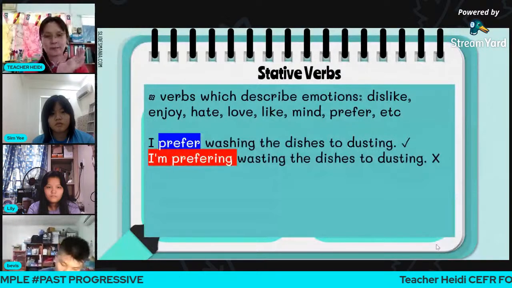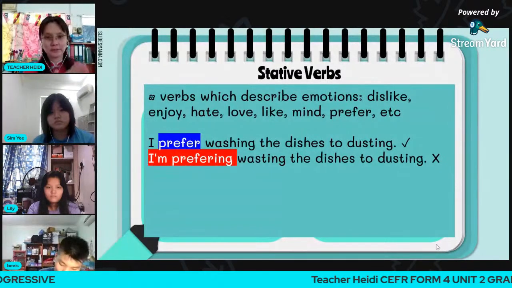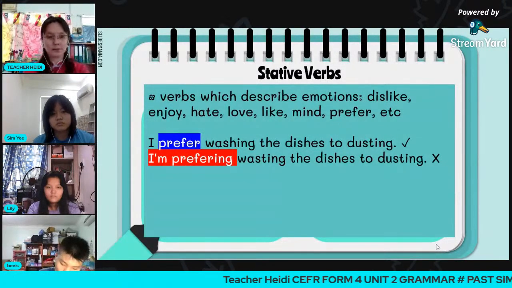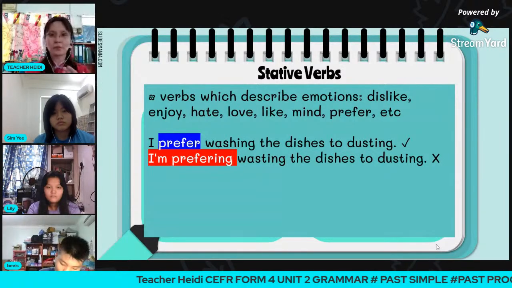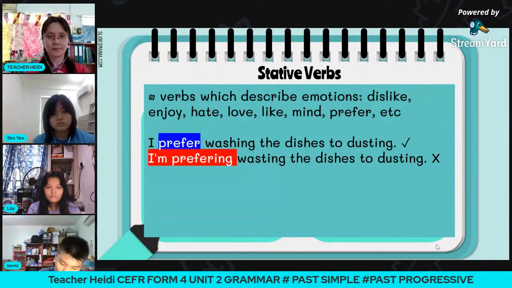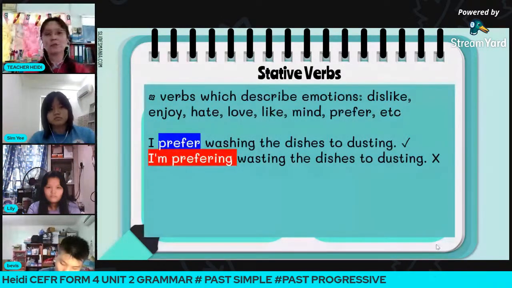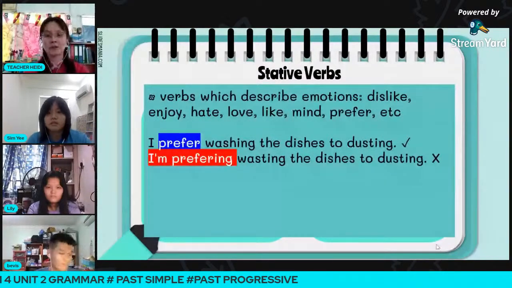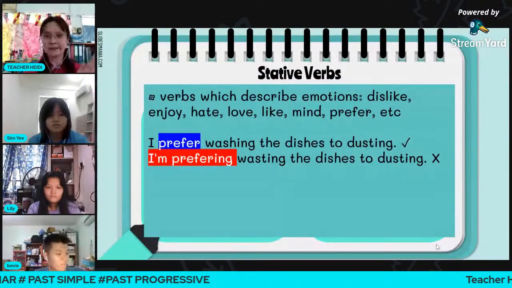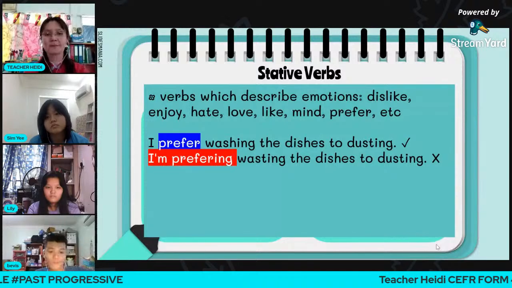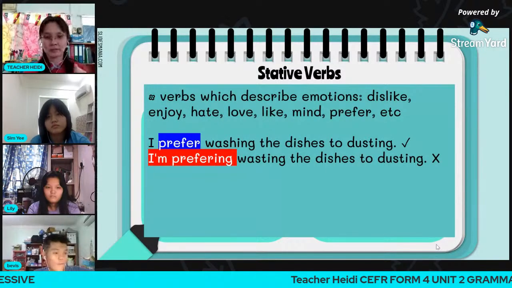When it's the subject and verb, you don't use the stative verb like that. If you're using it in the object, then yes, because here I is the subject. I'm preferring cannot.